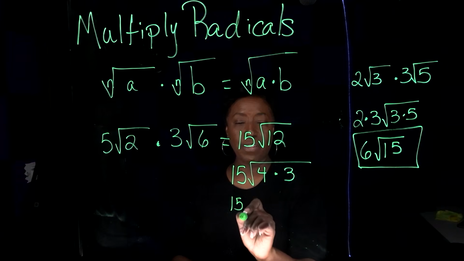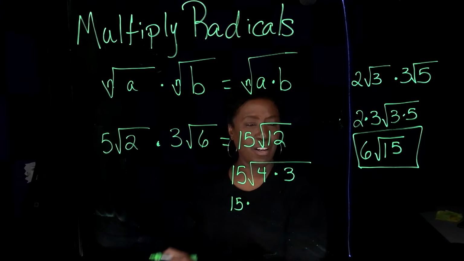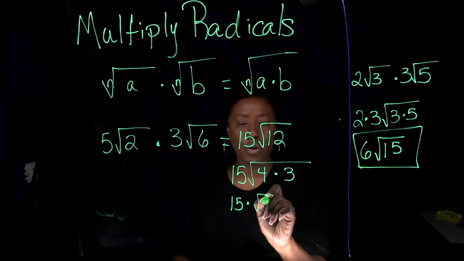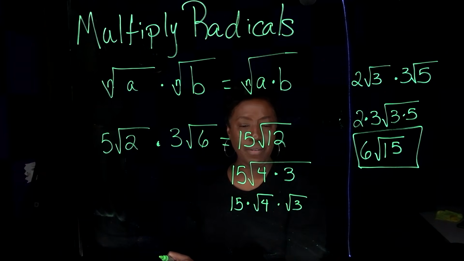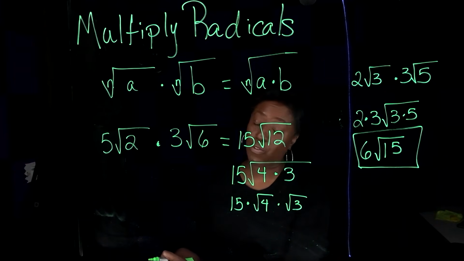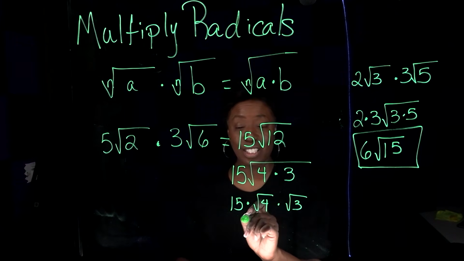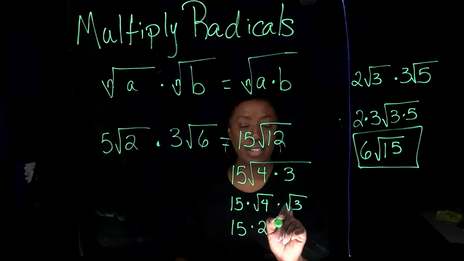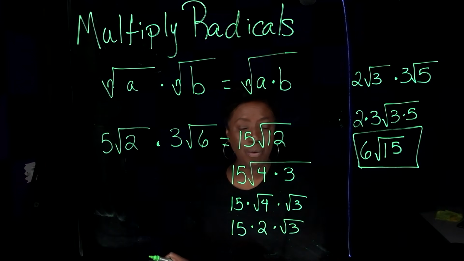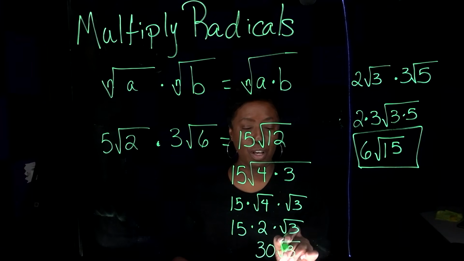So now this becomes 15, I'm going to put the little dot here for that multiplication, square root of 4 times square root of what? 3. Well, we know 4 is a perfect square, so we can take the square root of it. The square root of 4 is 2. Now look what we can do here. We can multiply now the 15 times 2, and we have our final answer of 30 times the square root of 3.